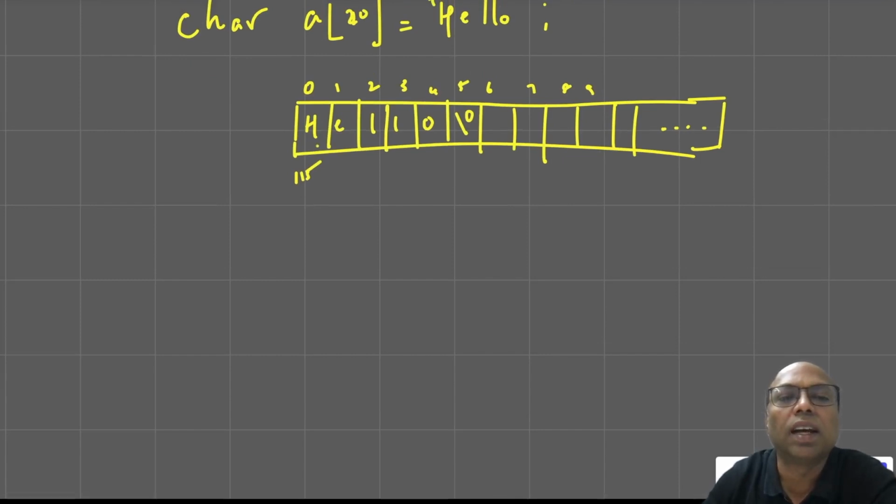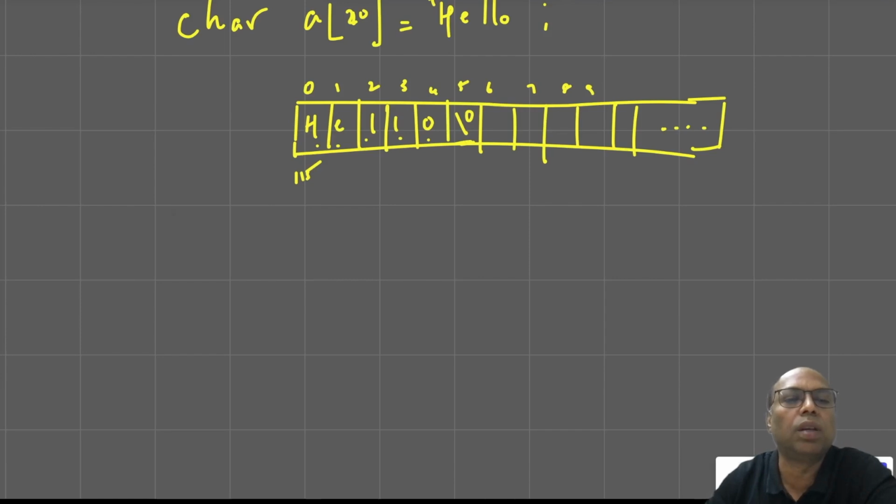If I see a character, I need to increase the counter. How long do I need to see? In an integer array or a double array, we know the number of elements. Here I don't need to know. Why? Because every string ends with a null character. So I need to keep on seeing till I see a null character. Whenever I see a character, I need to increase the counter by 1.